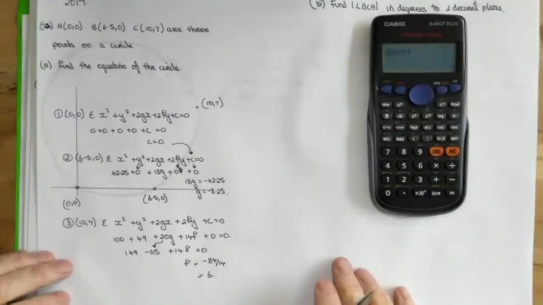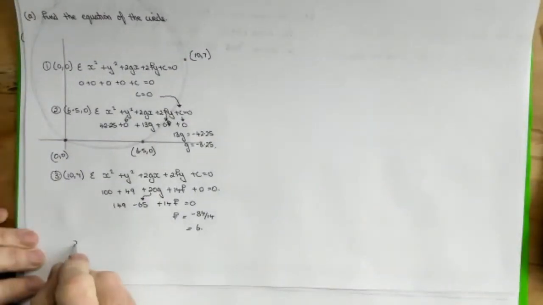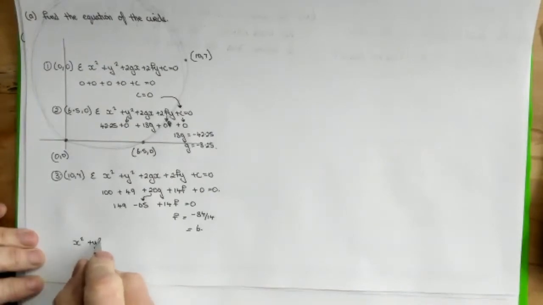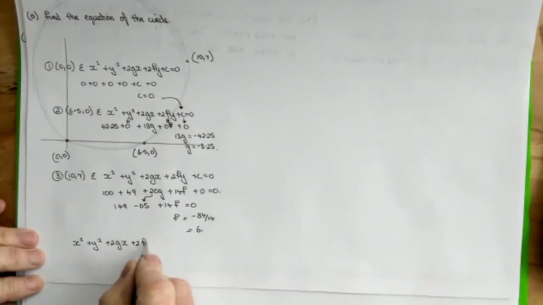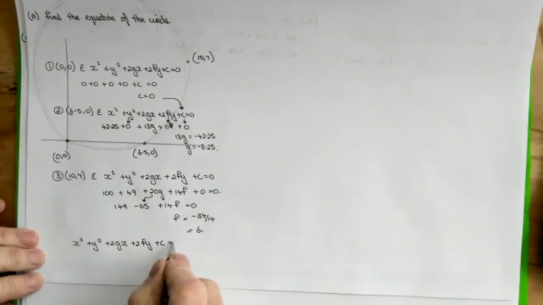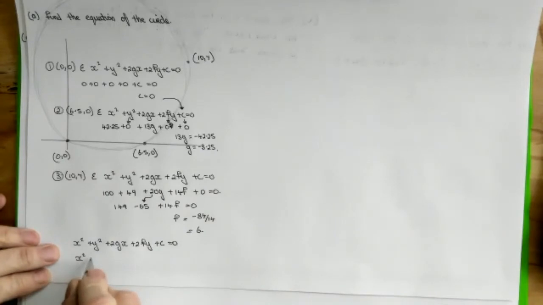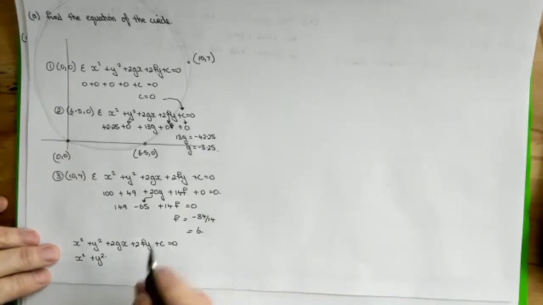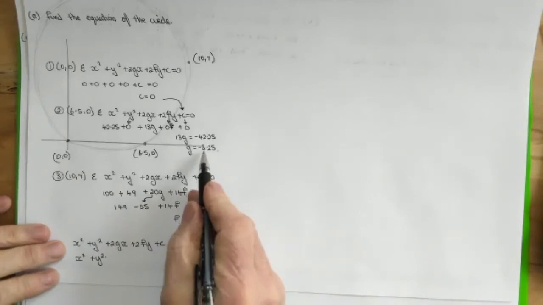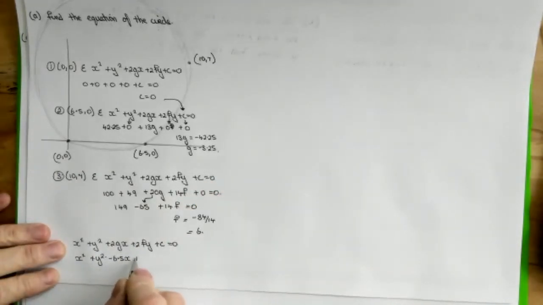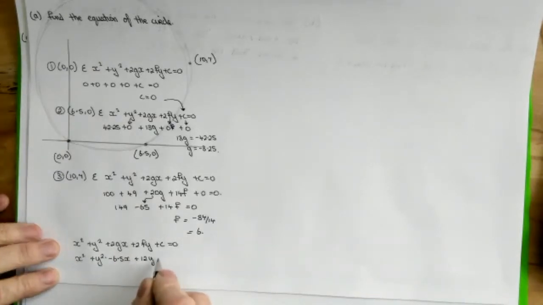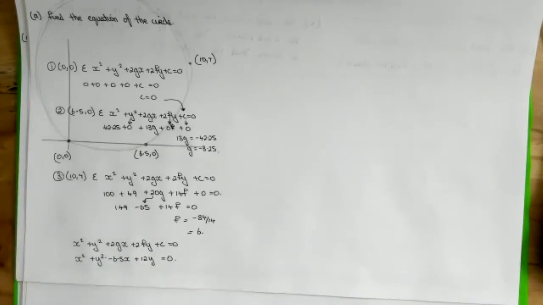So therefore the equation of this circle is x squared plus y squared plus 2gx plus 2fy plus c equal to 0, which is x squared plus y squared. Now twice g is minus 6.5 and twice f, minus 12y plus 0 is equal to 0.